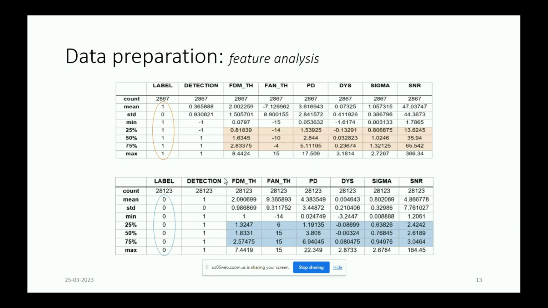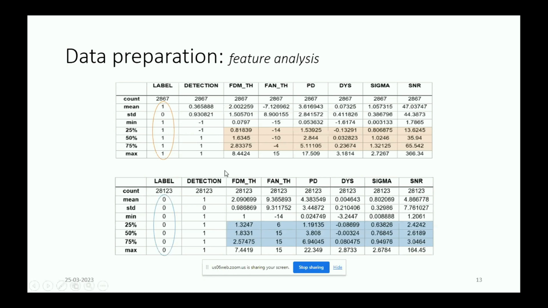After removing the non-detection class, we have done the central tendency analysis of the features, where the upper table represents the target class and the bottom table represents the clutter. As you can see, the label for the upper is always 1 and for the lower one it is always 0.